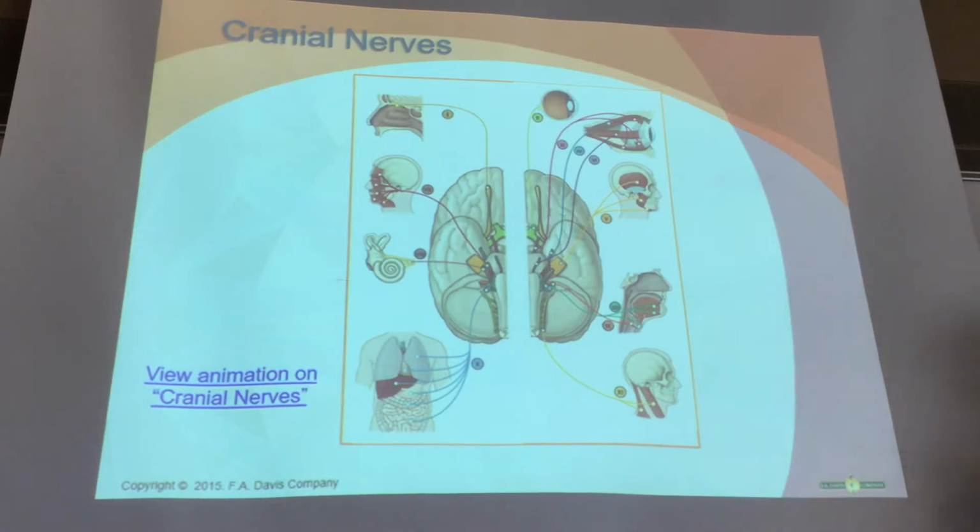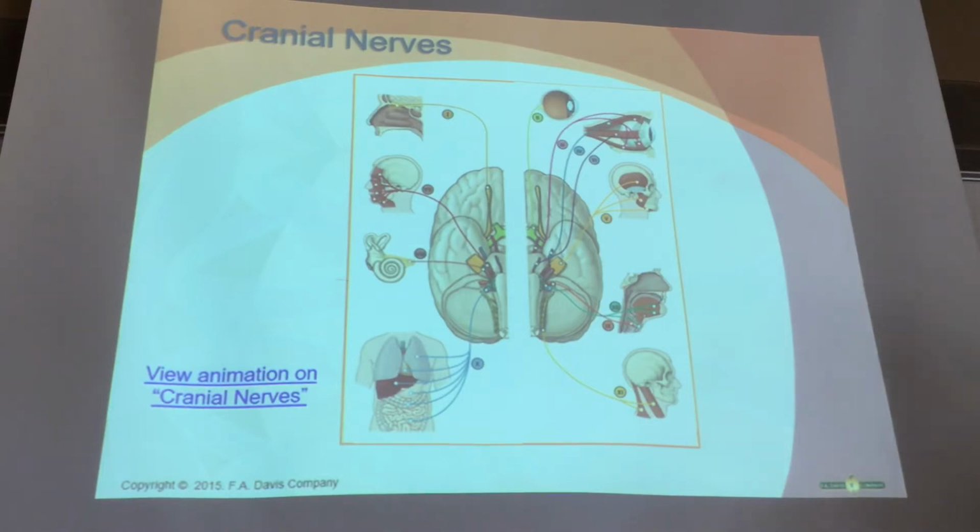Cranial nerve number 5. Trigeminal. You got it. So the trigeminal actually will branch into 3 branches kind of across your face, hence the word tri there.